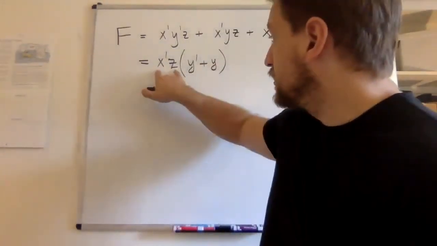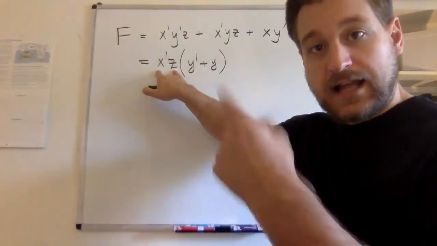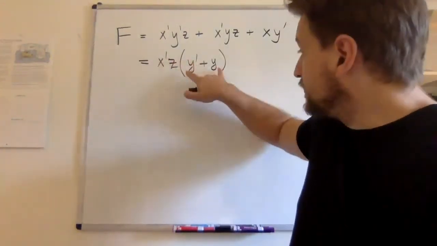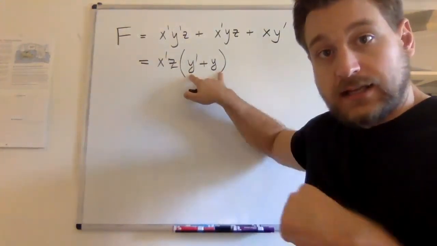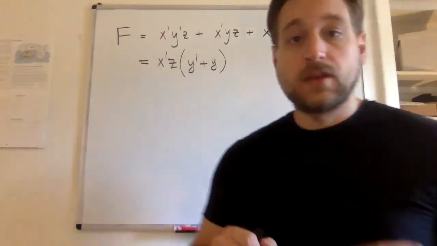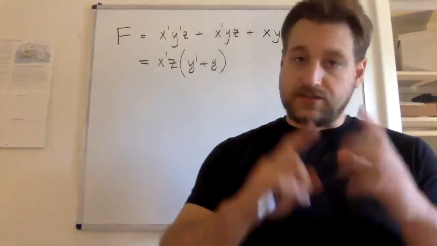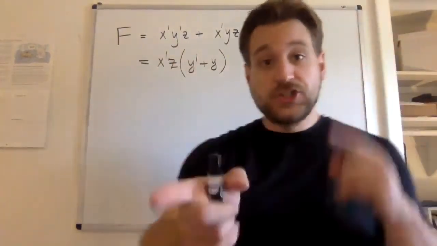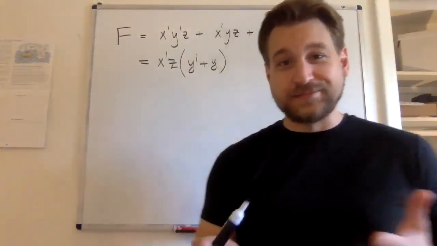This is the AND of not x and z, ANDed together with the OR of y and not y. And because things are associative and distributive, we can factor just like we factor in normal algebra.